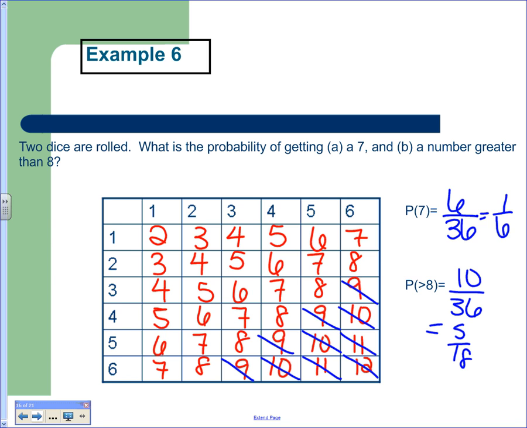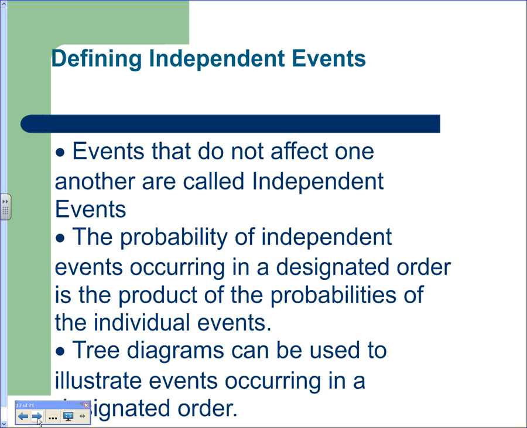Okay. So, independent events. If I roll a dice and I flip a coin, do those affect each other? Whatever I flip over here does not affect what I rolled on the dice. Those are independent events, so they're events that do not affect each other.